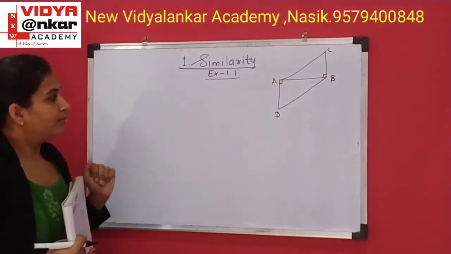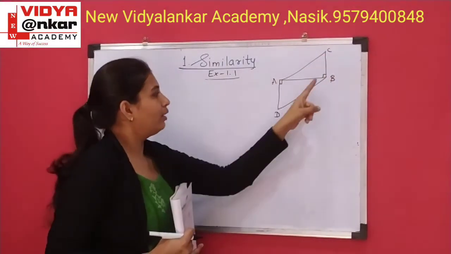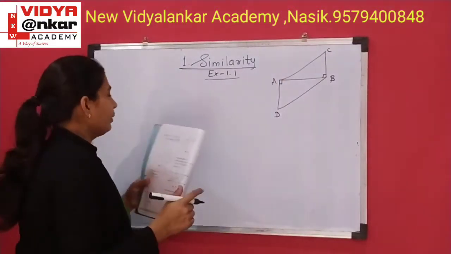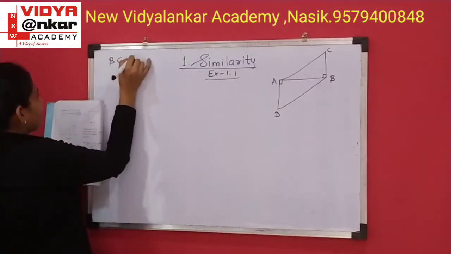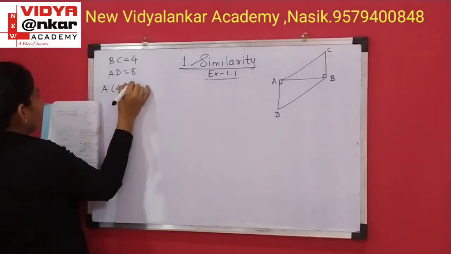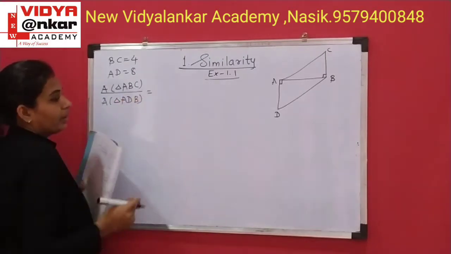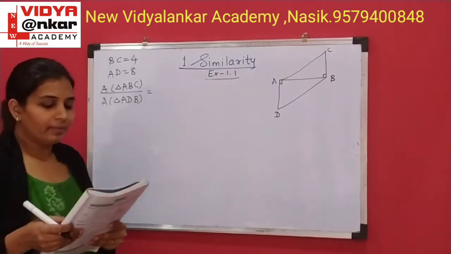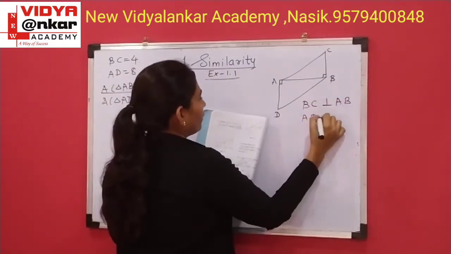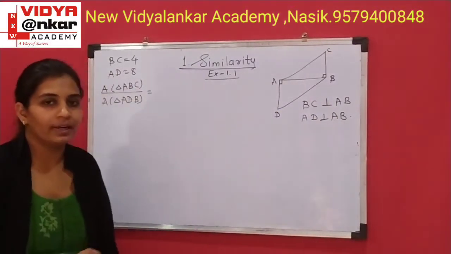First right angle triangle is triangle CBA and triangle DAB. Now we have given some measurements also. BC is equal to 4, AD is equal to 8, and we have to find area of triangle ABC upon area of triangle ADB, and some information which we have provided that BC is perpendicular to AB and AD is perpendicular to AB.